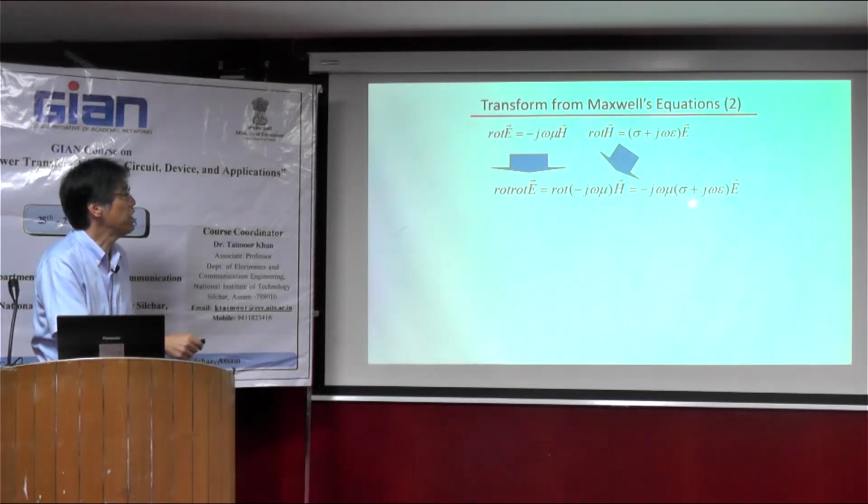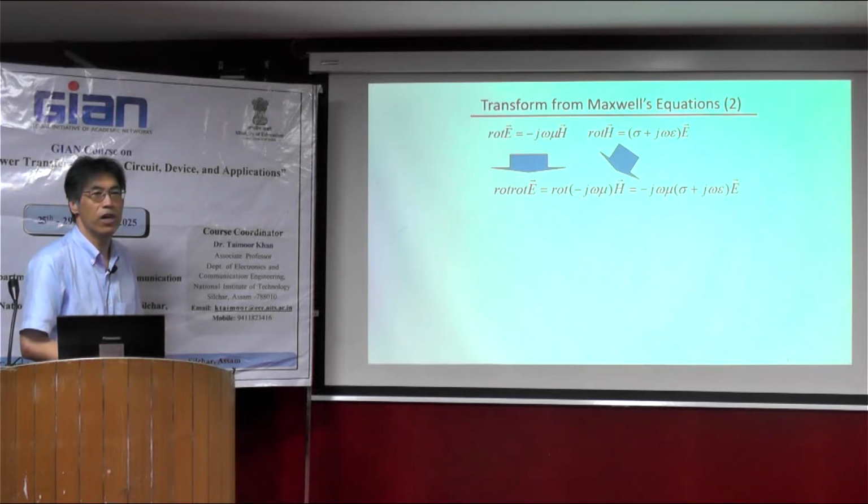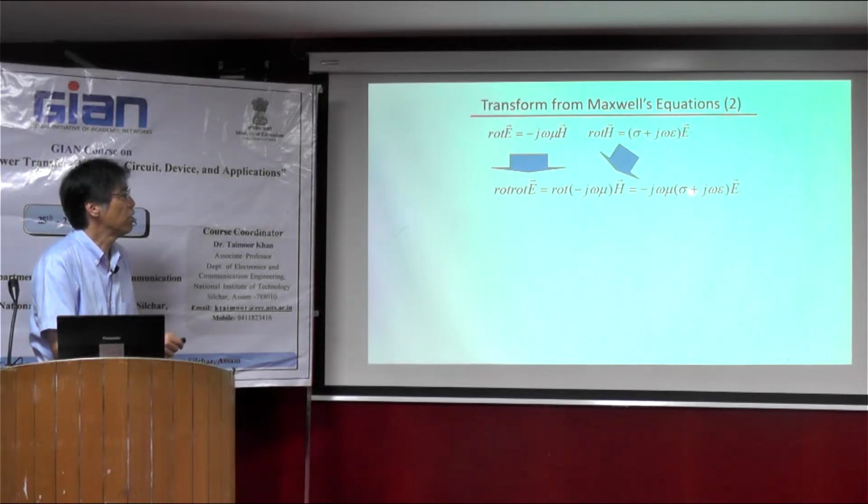So finally, we get only the E formula here. Double rotation of E is equal to jωμ(σ + jωε)E.